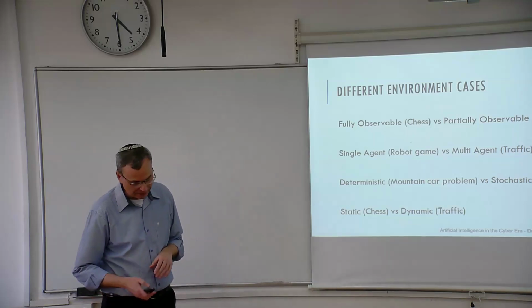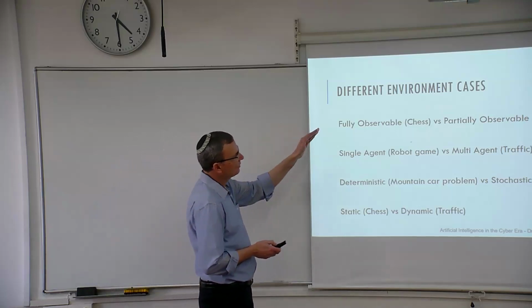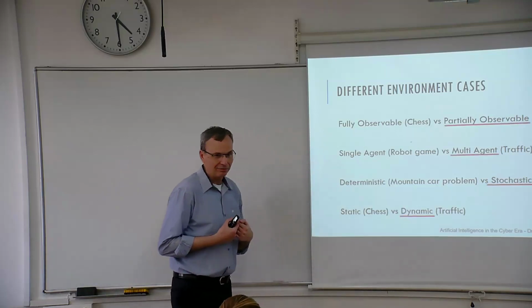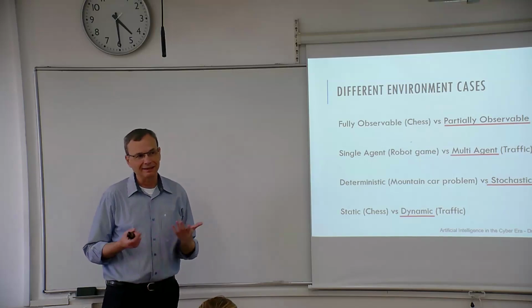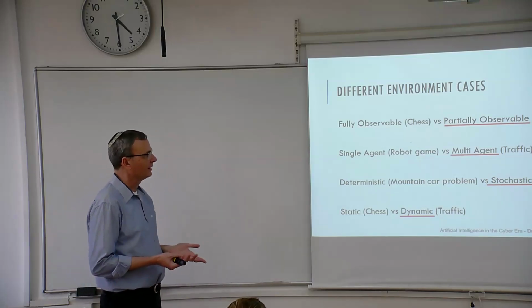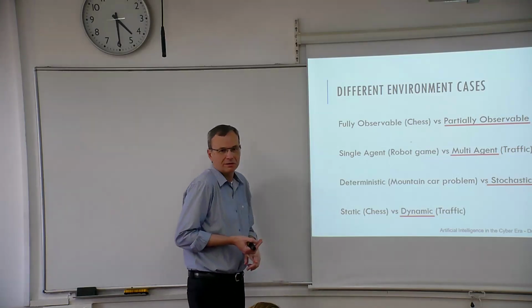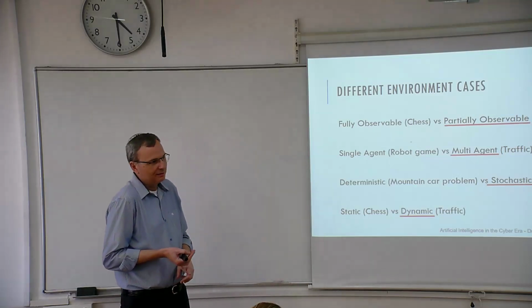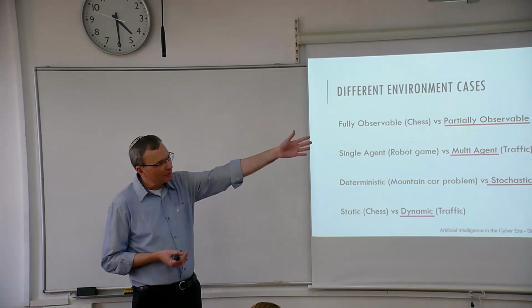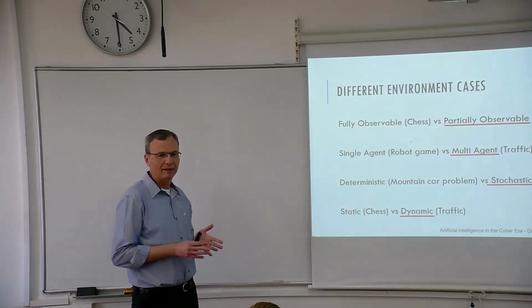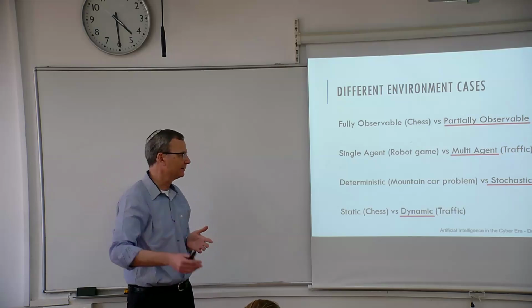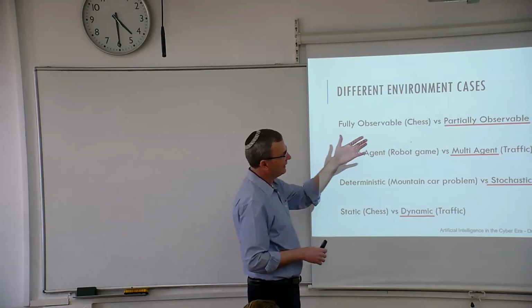So overall, even if I look at these 4 aspects, real life is the most problematic environment because you don't see anything all the time. Of course, think about, again, a car. You don't see what is happening 2 miles in front of you or around the corner. You have many, many agents.